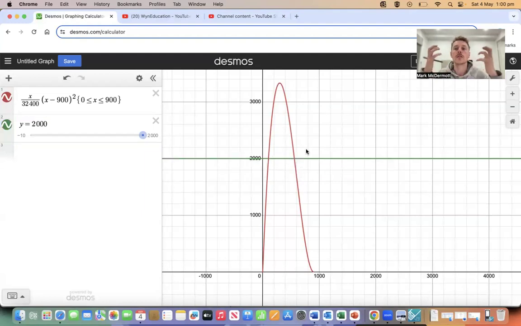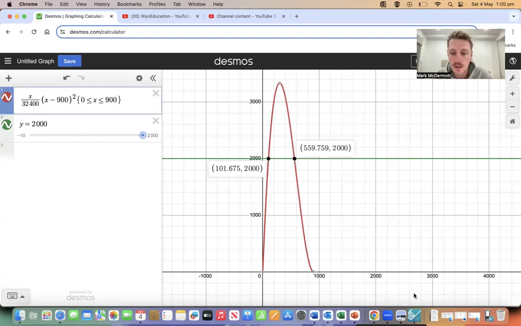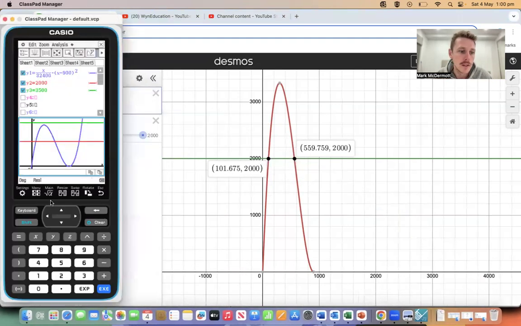Okay, let's think about how electric taxis work for a second. You can travel at a slower speed for longer, or you can travel at a higher speed for shorter. So let's see if we can make some sense of it. These points here, and let's get our calculator back up.